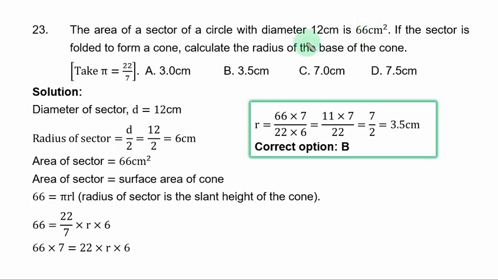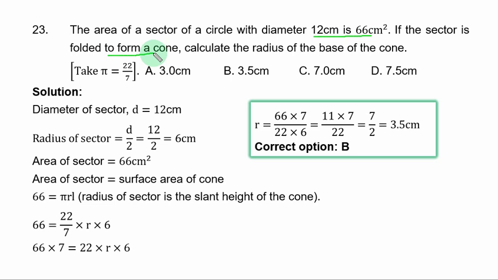Question 23. The area of a sector of a circle with diameter 12 cm is 66 square centimeters. If the sector is folded to form a cone, calculate the radius of the base of the cone.